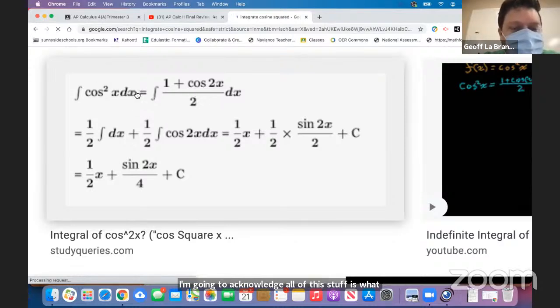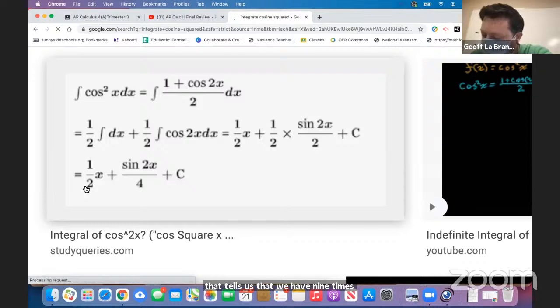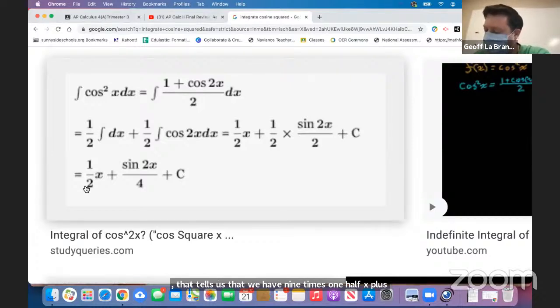They rewrite cosine squared x as the power reduction formula, 1 plus cosine 2x over 2. Then they integrate the fractions 1/2 and 1/2 cosine 2x. They know that the integral of cosine 2x is sine of 2x over 2. That is a U substitution formula. Then that tells us that we have 9 times 1/2 x plus sine of 2x over 4 plus c.